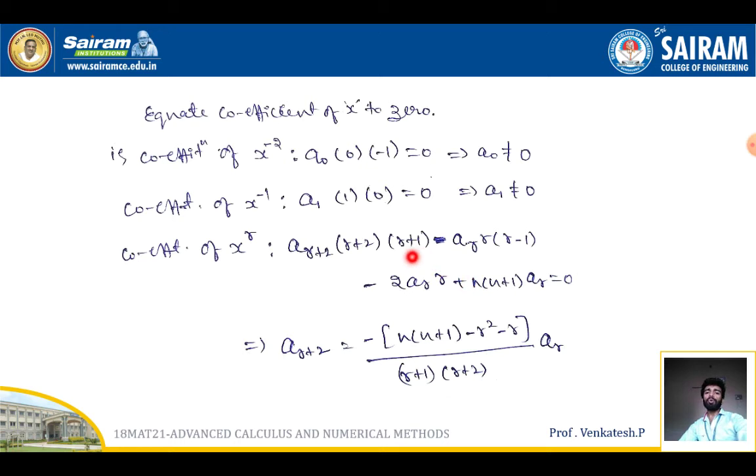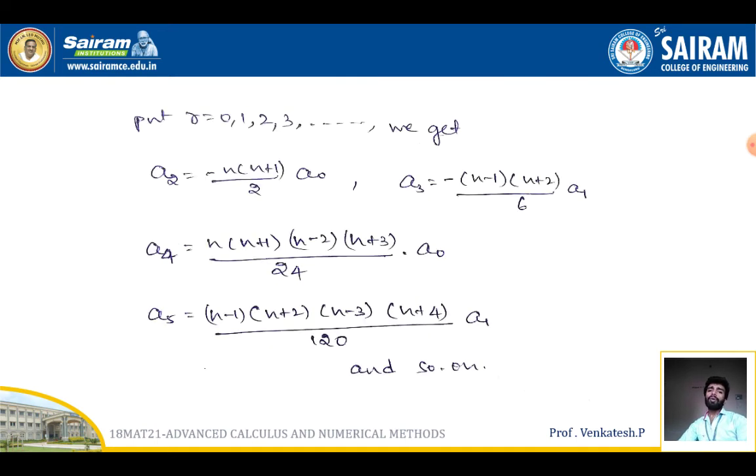I am going to express ar plus 2 in terms of the remaining terms. So ar plus 2 is equal to minus of n into n plus 1 minus r square minus r divided by r plus 1 into r plus 2, into ar. Now from this equation, I am going to estimate the next constants, that is a2, a3, a4, a5 and so on. Let me replace the values of r like this.